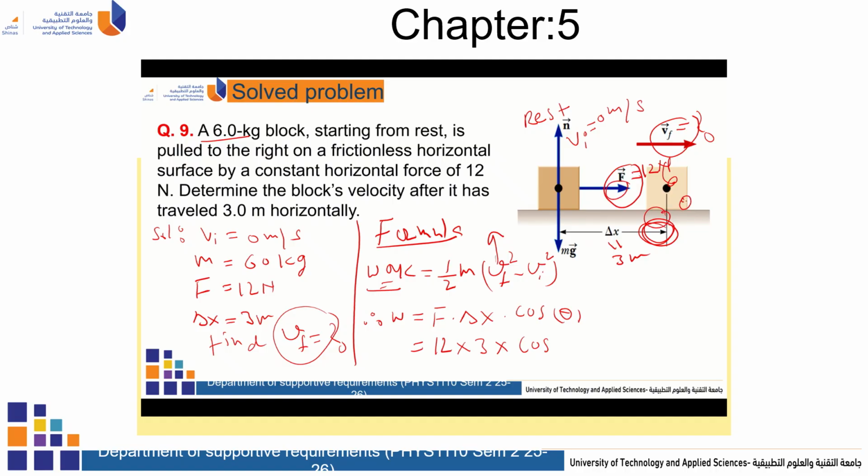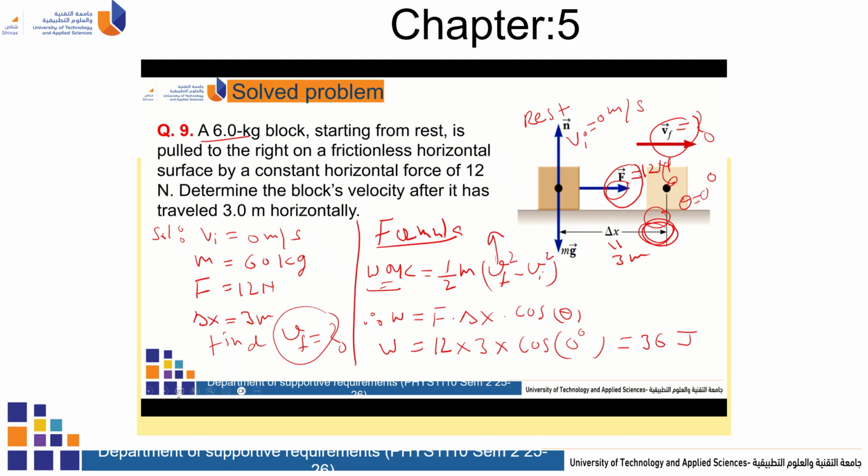So the value of theta is 0 degree. Then cosine 0 is 1, and this will be 36 joule. So by using this rule, the value of the work is coming 36 joule.